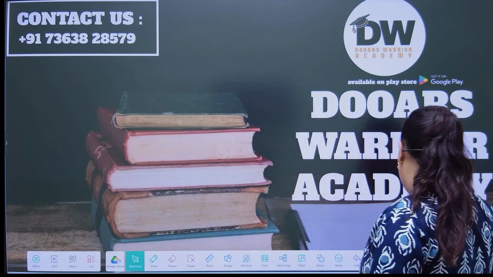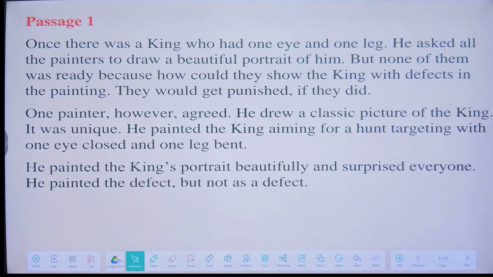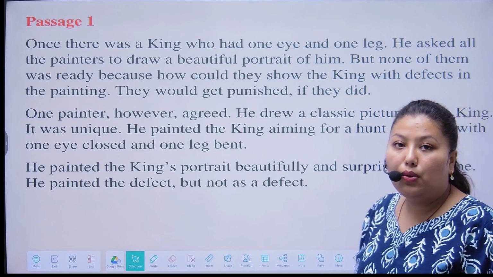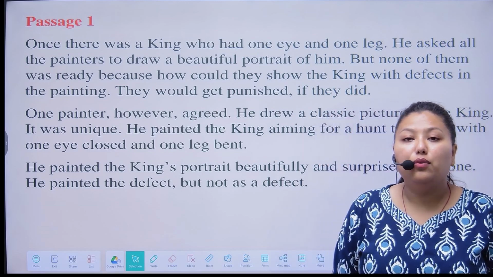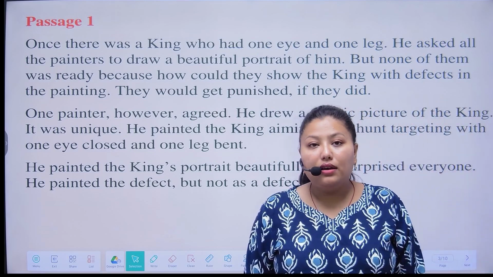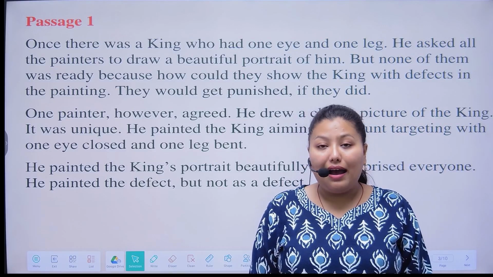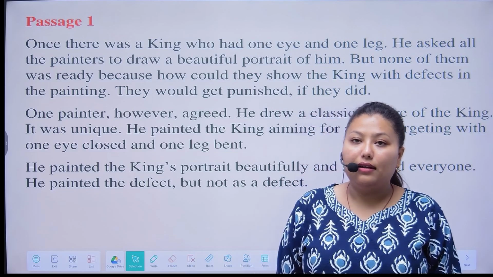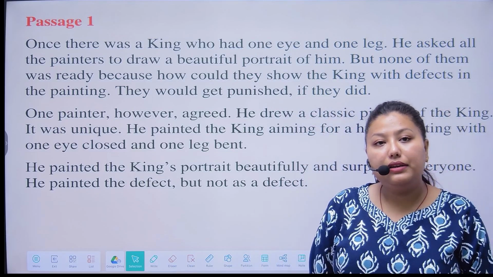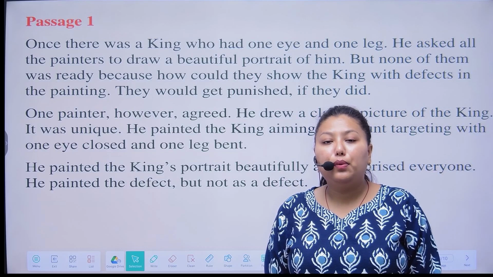So we will solve today passage number 1, and the passage is: once there was a king who had one eye and one leg. He asked all the painters to draw a beautiful portrait of him.